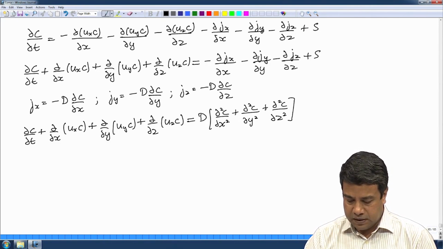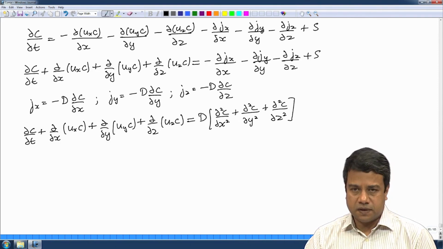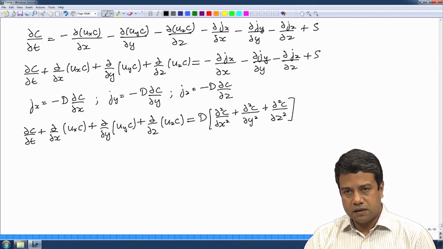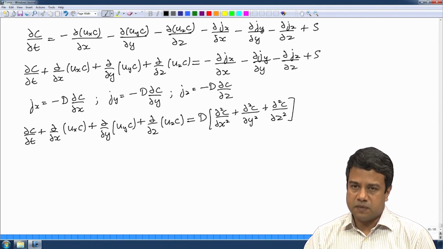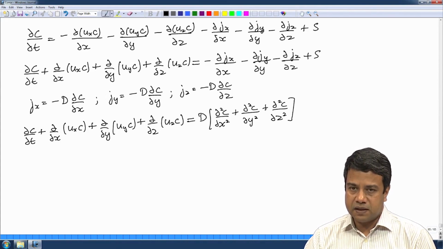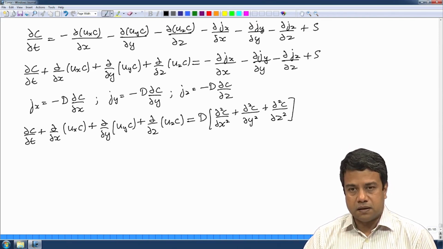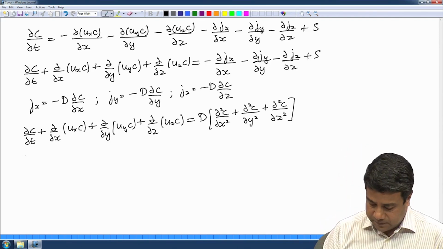For the temperature field, I would just substitute temperature instead of concentration and the thermal diffusion coefficient instead of the mass diffusion coefficient. That works provided the thermal conductivity and the specific heat and density, or rather the thermal diffusion coefficient, is independent of position. So, in that case, you will get an exact analogy.